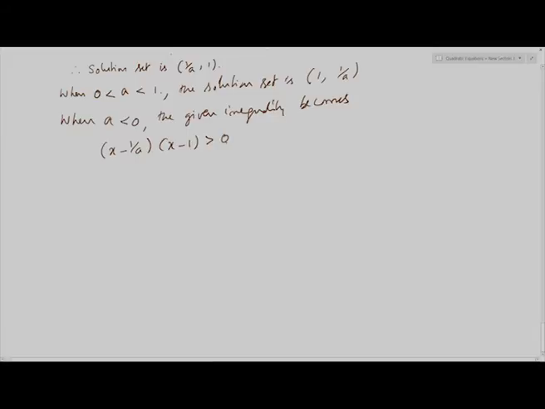Then again by seeing the sign graph, I can write down the solution set. Remember, both terms should be positive or both terms should be negative. Therefore, we have two intervals. The solution set is minus infinity to 1 by A union 1 to infinity.